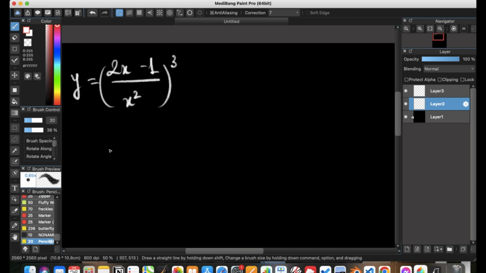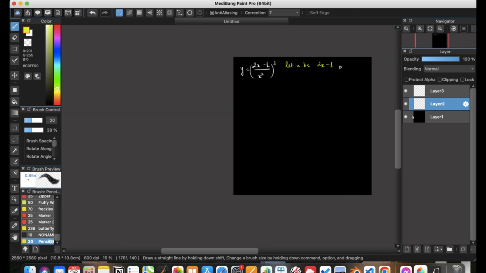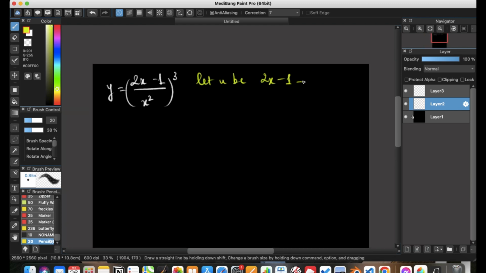Here we're going to apply the quotient rule, right? So let u be 2x minus 1, then u prime would be 2, and let v be x to the power 2, then v prime would be 2x.